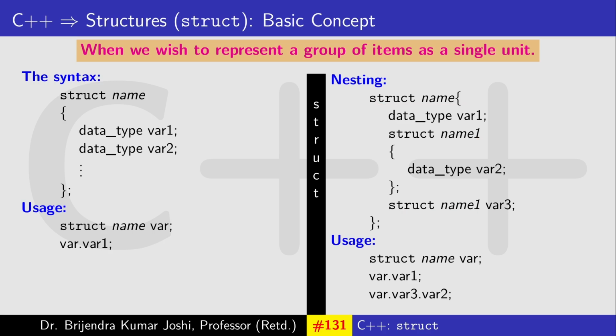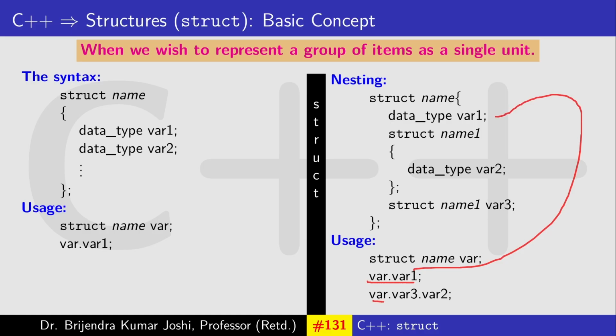So how to access it? Logically it is the same: struct name var. Here var is a variable of this type. I have mentioned it here. Then how to access any member of it? So var dot var1. So it is this variable, this member.